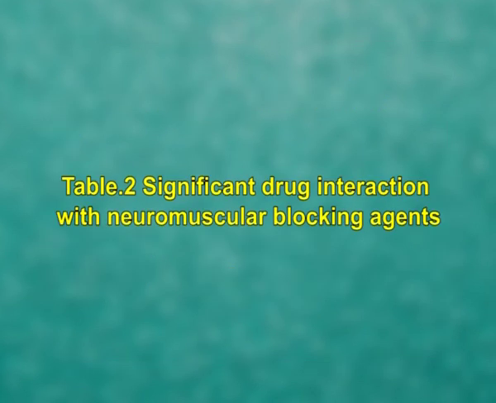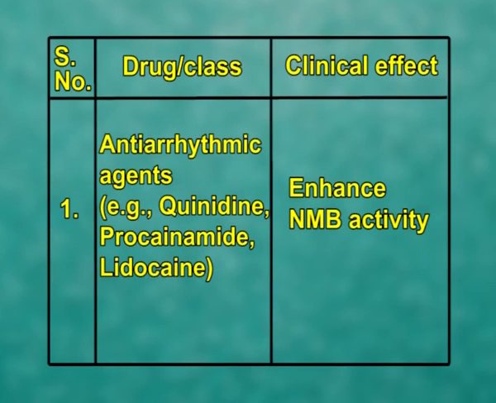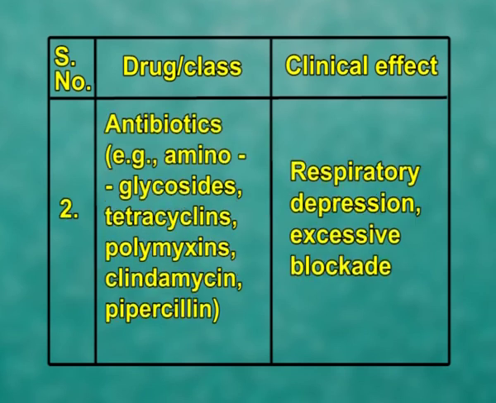So now in this next table, you can see significant drug interaction with neuromuscular blocking agents. Here, the class or the category of the drug is mentioned along with the clinical effect. For example, antiarrhythmic agents, for example, quinidine, procainamide, lidocaine. They mainly enhance the NMB activity.